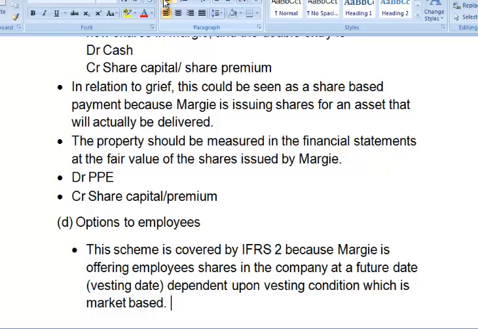Because our vesting condition is that the share price has to get to $15.